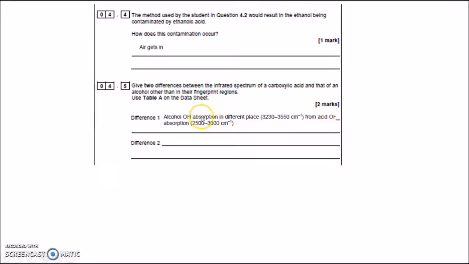In other words, you get an absorption peak for an OH of an alcohol at a different place than for an OH on a carboxylic acid. And it's always worth writing the numbers down from your data book. The second one, of course, is that a carboxylic acid has a C double bond O in it, and an alcohol hasn't. So the C double bond O in acids has an absorption peak, and again, quote the numbers.